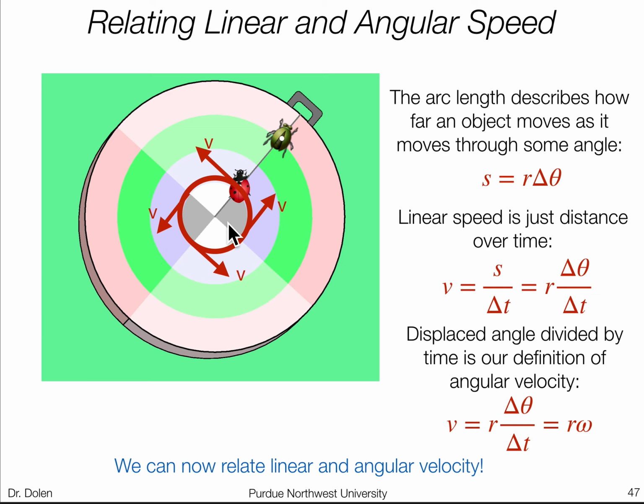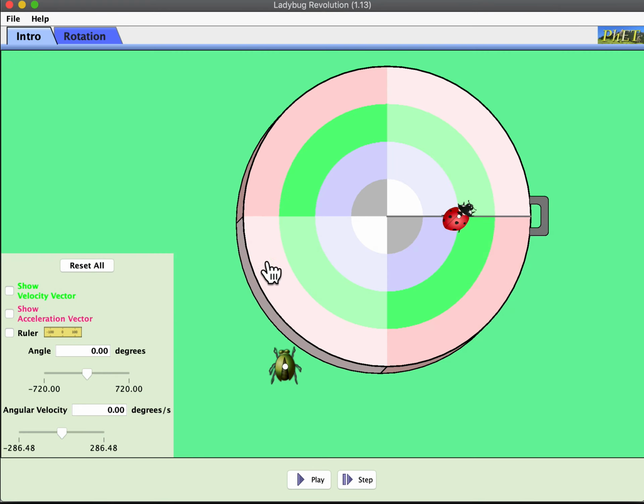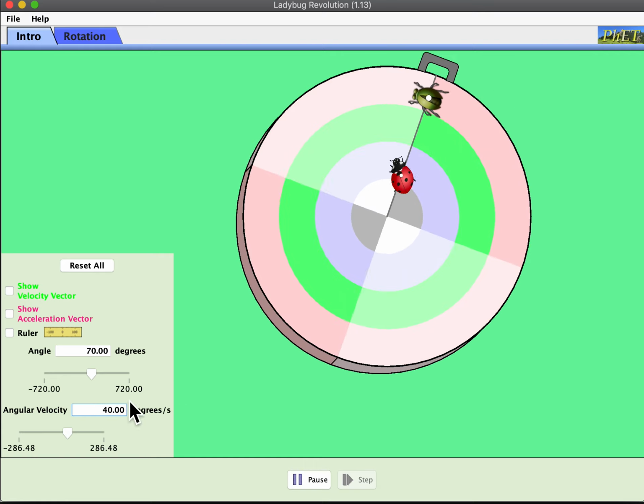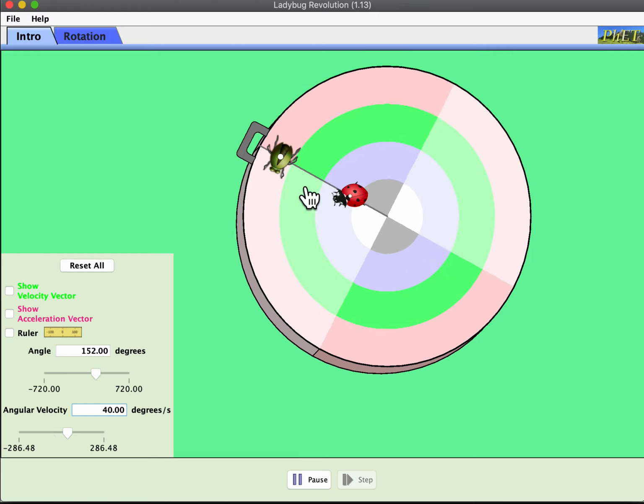And we can actually look at the simulation real quick. So I can, again, see if I can recreate that picture. I can put the bugs at 2 different points on this wheel, and I can start it spinning. Let's see, I'll give it maybe 40 degrees per second of angular velocity. So they both have exactly the same angular velocity.